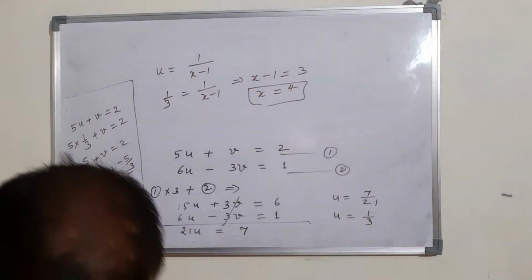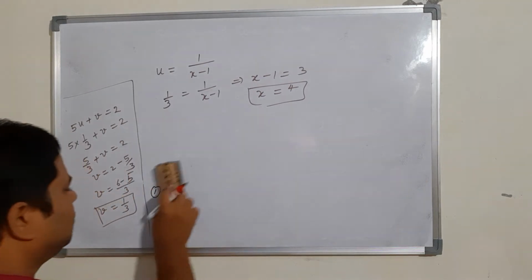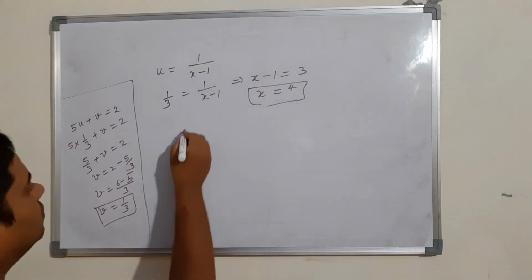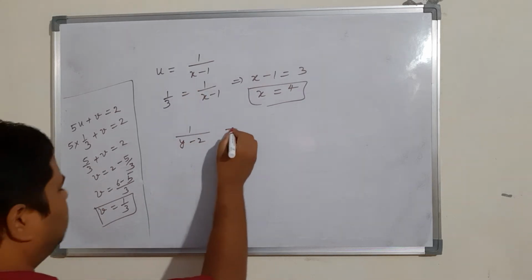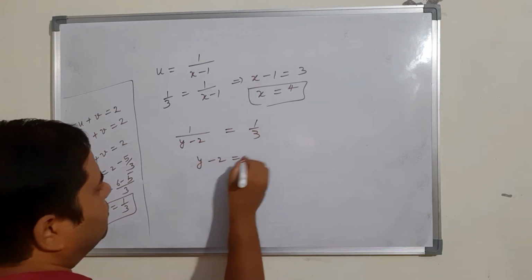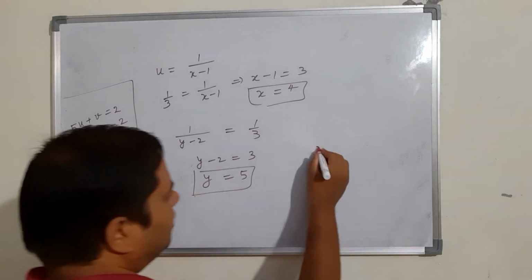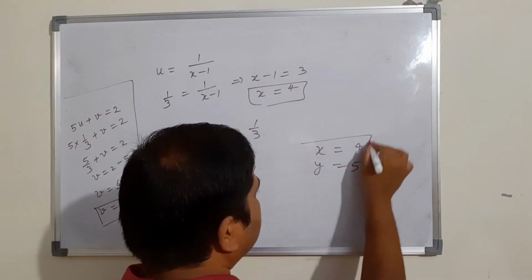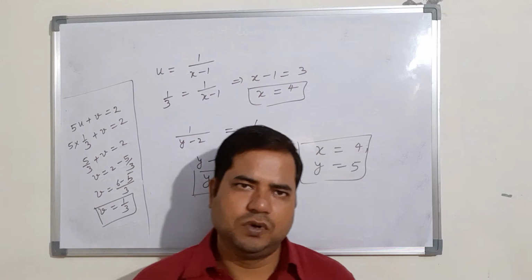Similarly, we replace the value of v also. v is 1 by 3, so 1 upon y minus 2 is equal to 1 by 3. So y minus 2 is equal to 3, so y is equal to 5. So the value of x is 4 and y is equal to 5. This is the solution of this pair of linear equations.